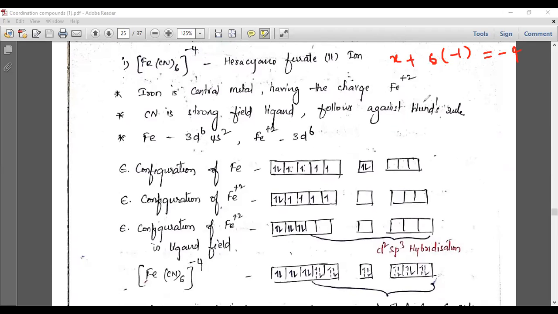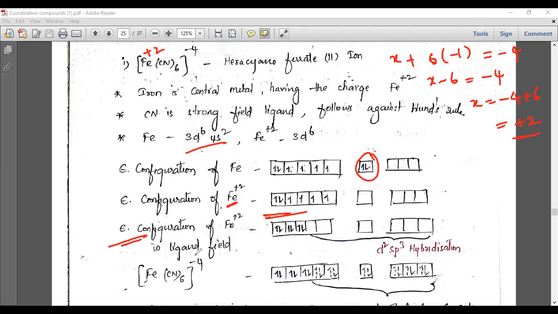Then x minus 6 is equal to -4, and x is equal to -4 plus 6, and you will get plus 2. In this way you can calculate the oxidation state of iron, which is plus 2. That means it loses 2 electrons. First it is 3d6 4s2, and it will lose 2 electrons. That means the 4s2 electrons will be removed, and the remaining will be this.